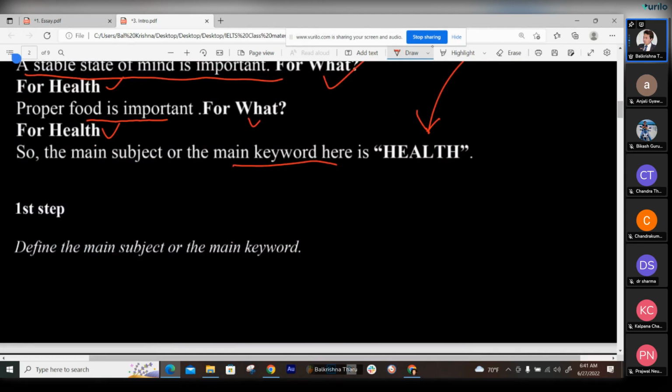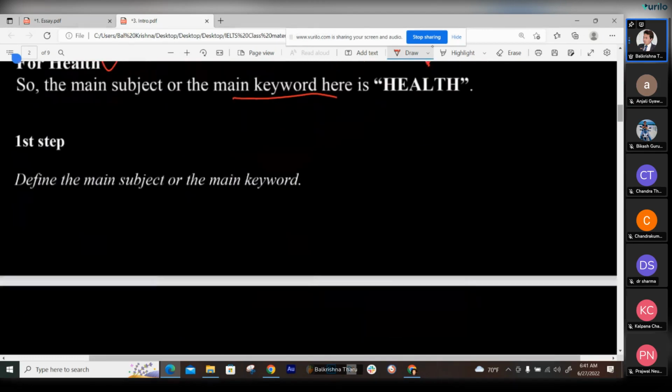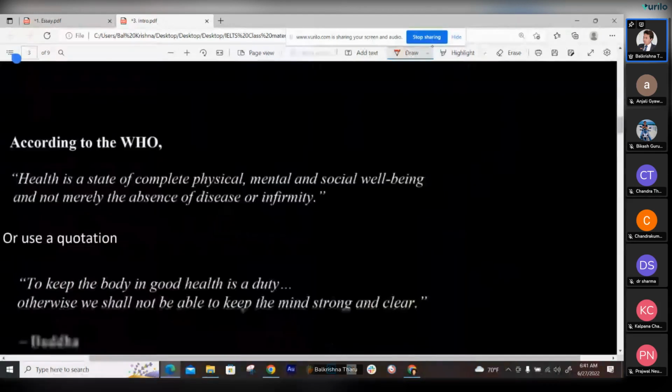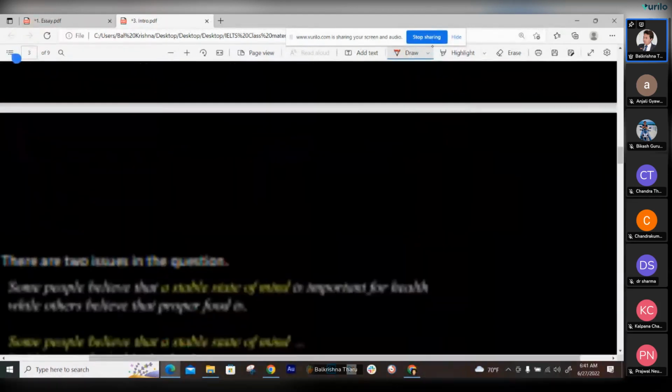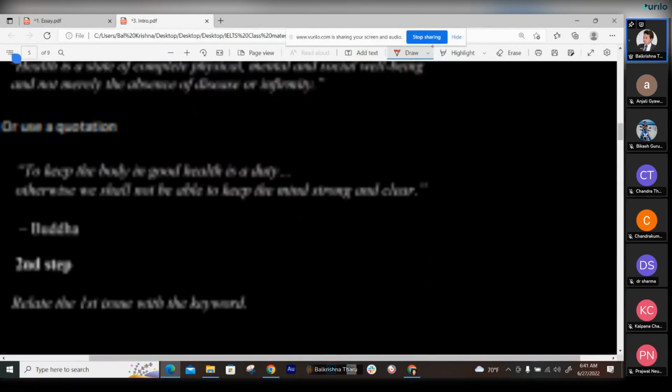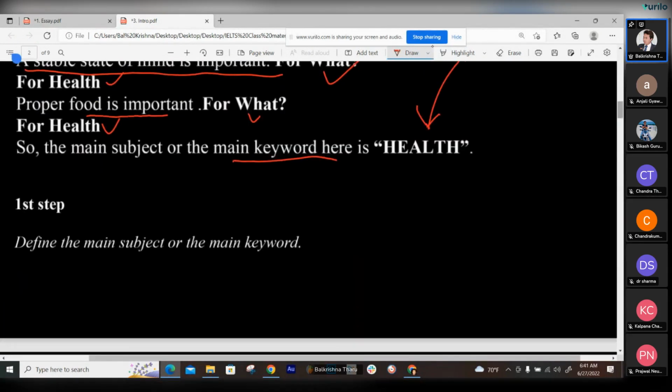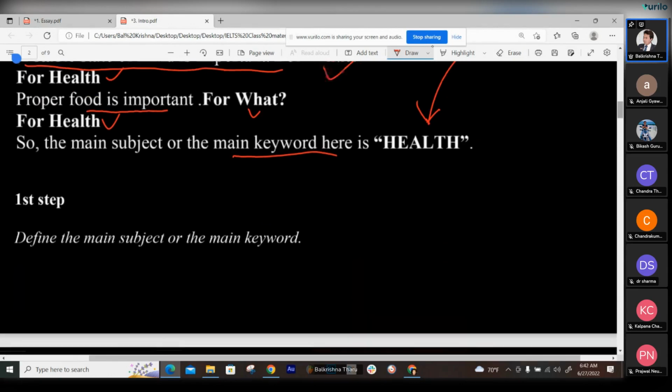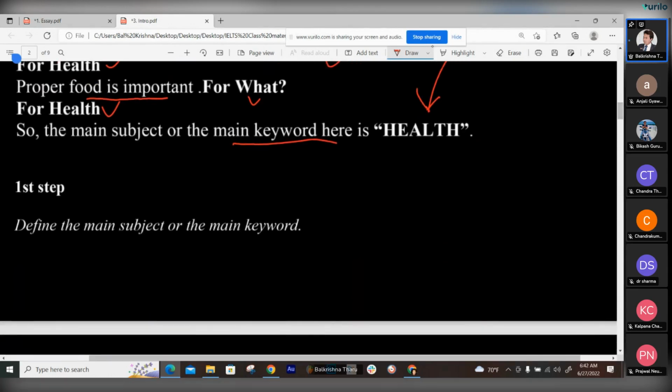So, step one, we have steps. Step one, we have a step two and we have a step three. What are those steps? Step one, define the main subject or the main keyword.